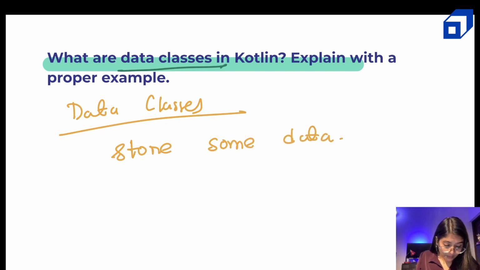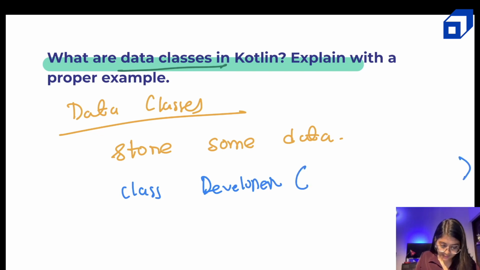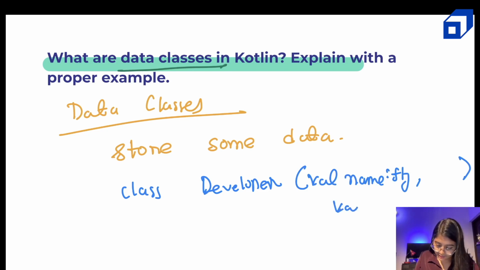So in Kotlin, we generally create classes like this: class keyword, name of the class, let's say Developer is the name of the class, then some parameters like maybe val name of type String, then maybe val age of type Int, right? Let me erase this one.